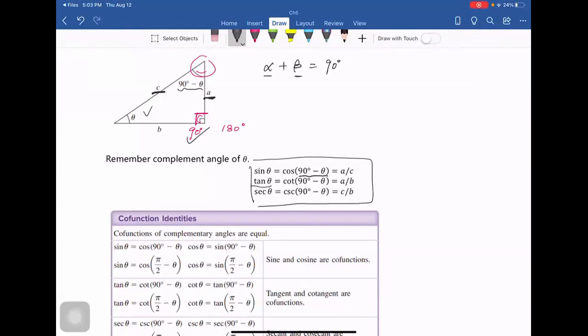Tangent theta equals cotangent of (90 degrees minus theta) equals A/B, that's the opposite over adjacent. Secant theta equals cosecant of (90 degrees minus theta) equals C/B.